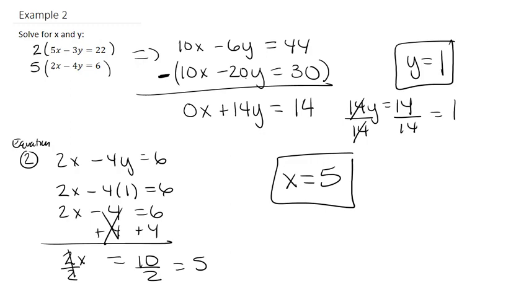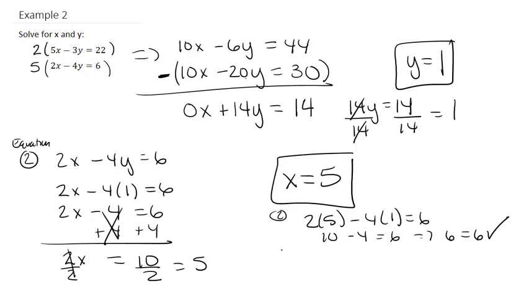Now we can check to make sure we did this right. If we plug this into equation 2, we have 2 times 5 minus 4 times 1 is equal to 6. Is that correct? So we get 10 minus 4, which is equal to 6. So we have 6 equal to 6. So this verifies. Now let's look at equation 1.